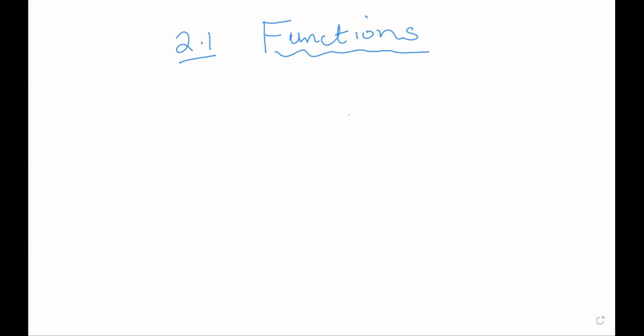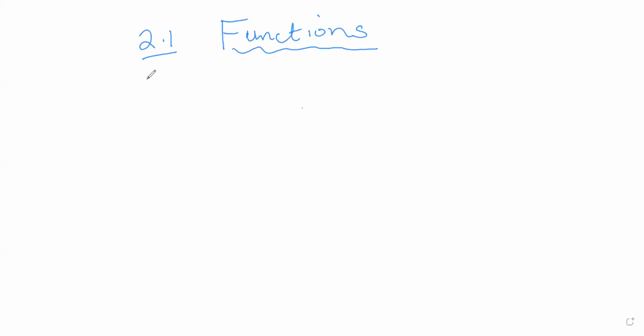So a function basically is a rule, usually denoted by letters like F, G, and H, a rule that assigns each element in a set X to at most one element in the set Y, right?